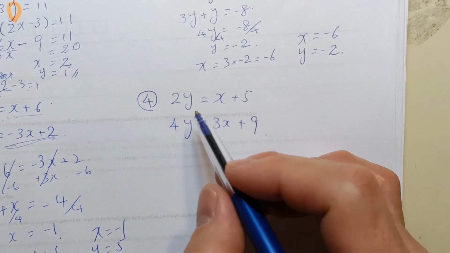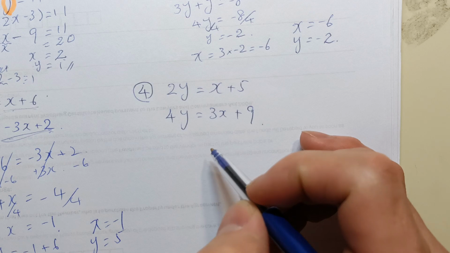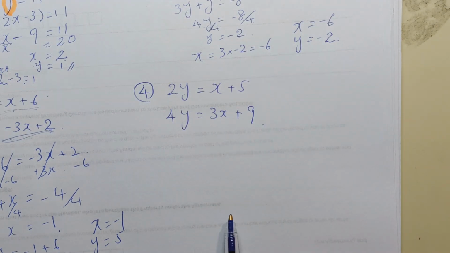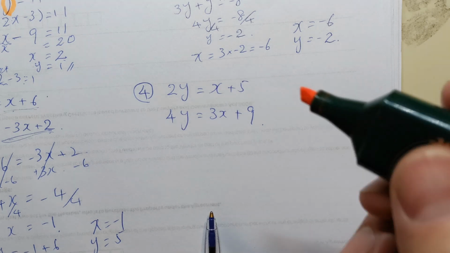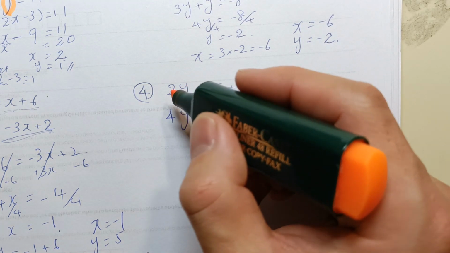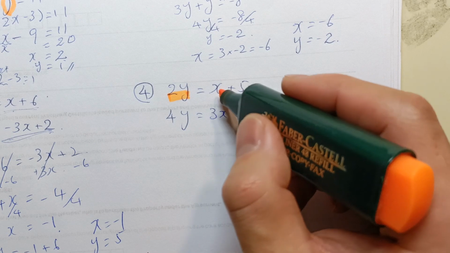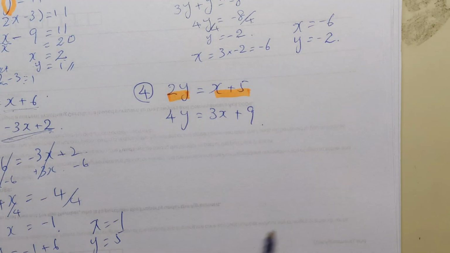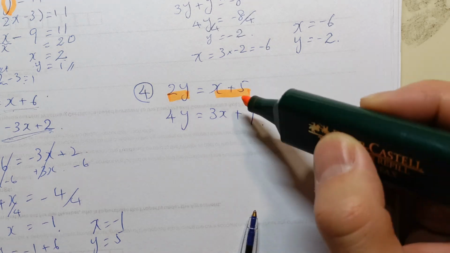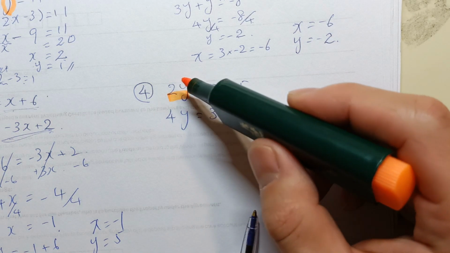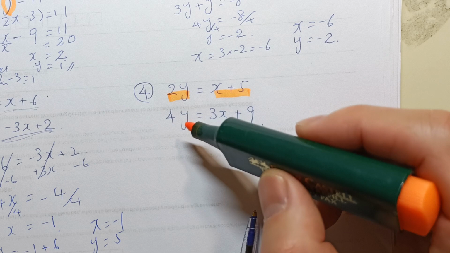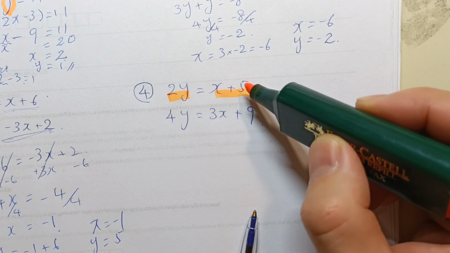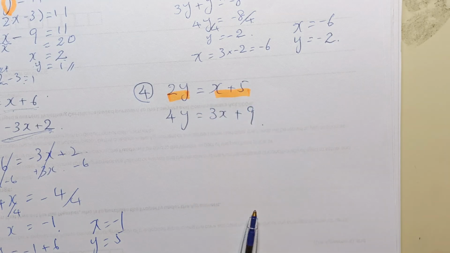Next one. This one is a little bit tricky. How can you use the substitution method? I would say this value and this value are the same. And then this one, this value times 2: 2y times 2 is 4y, isn't it? Which means x plus 5 times 2 is 4y.